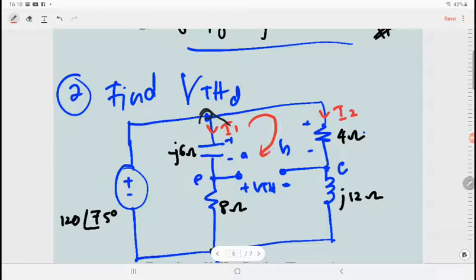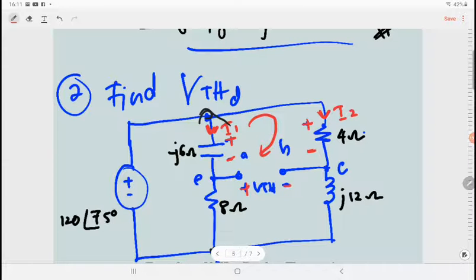By considering this is your I1 and this is your I2, the polarity for the voltage drop at this capacitor is plus minus, and for this one is plus minus, and this is your VTH.